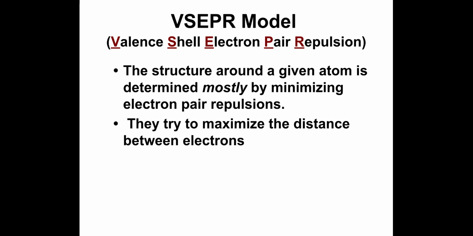So if a molecule has a certain shape, it's because that gives the minimal amount of repulsion between the electron groups around your central atom.